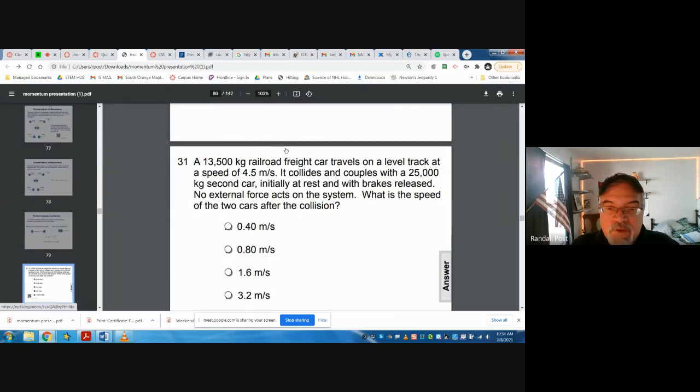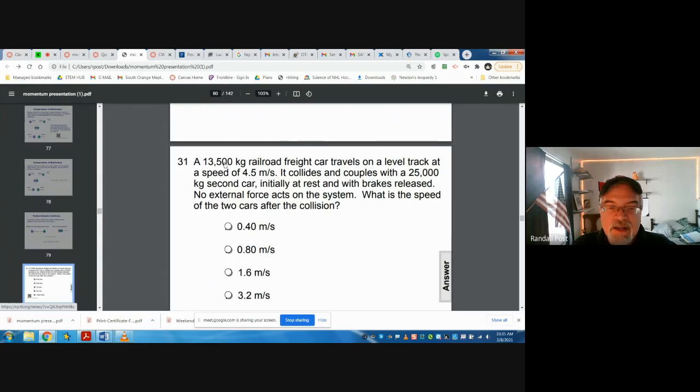For example, if we have a freight car at a known speed and it collides and couples with another car, right? Couples means it gets locked together. Well, if the second car is initially at rest, then it had zero momentum.